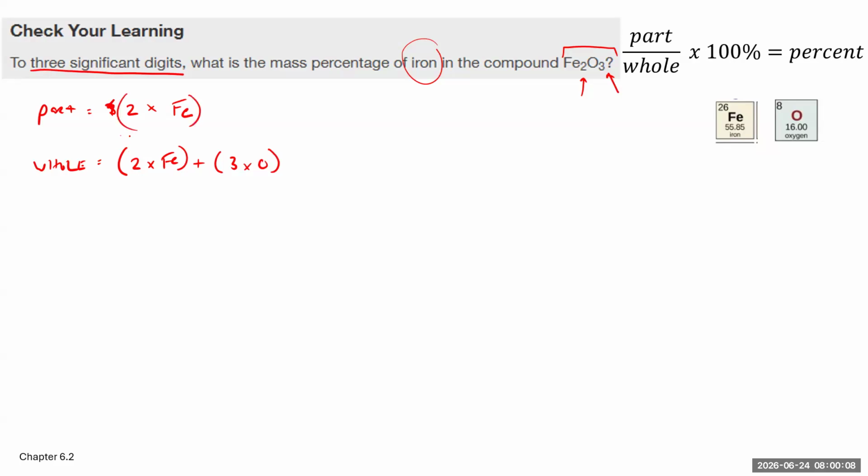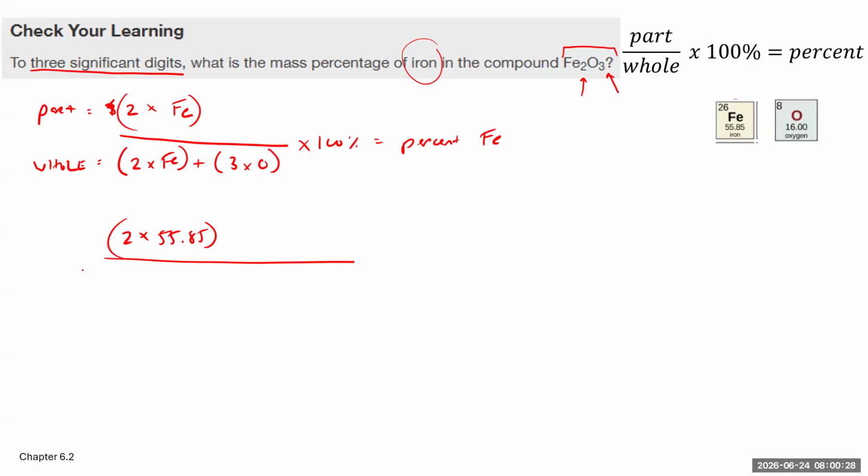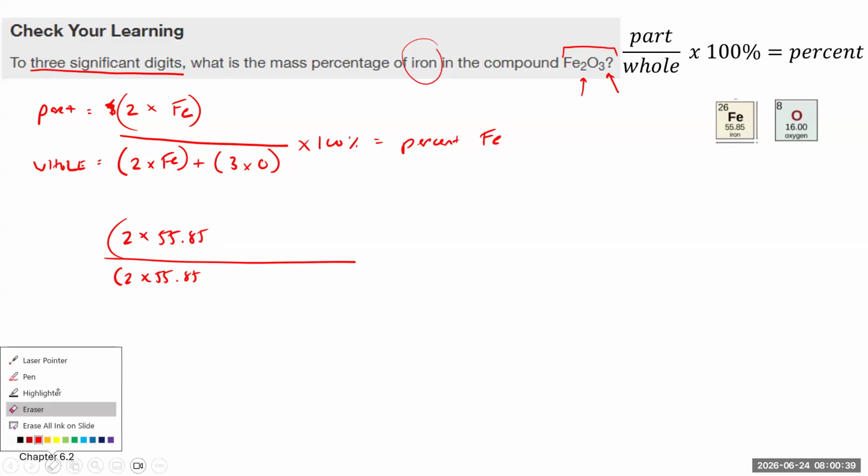Let's set that up. So part over the whole times 100% equals percent iron. Okay, so let's do that. 2 times 55.85 over 2 times 55.85. Sorry, let me make sure this is complete. Shouldn't be just that.